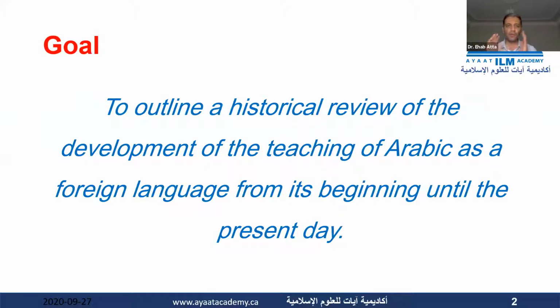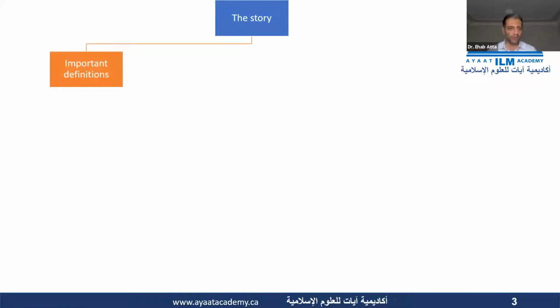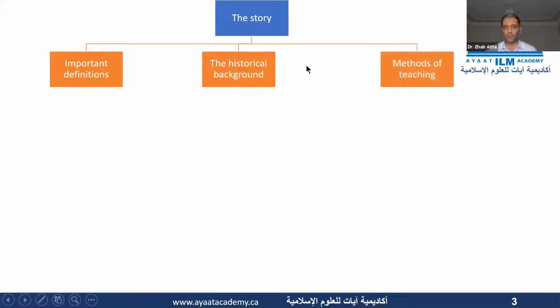And in order to structure our lecture and to be organized, I shall tell you that we will talk about the story of teaching Arabic as a foreign language from the point of view of important definitions first, and then we will talk about the historical background, and then we will talk about the methods of teaching, and they will be organized.